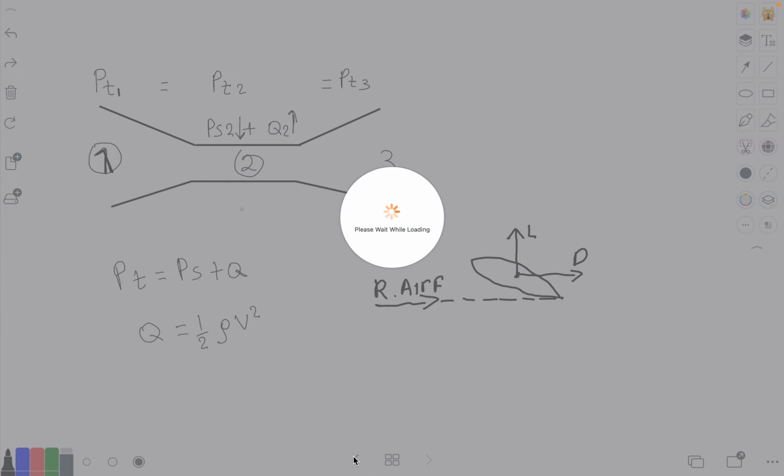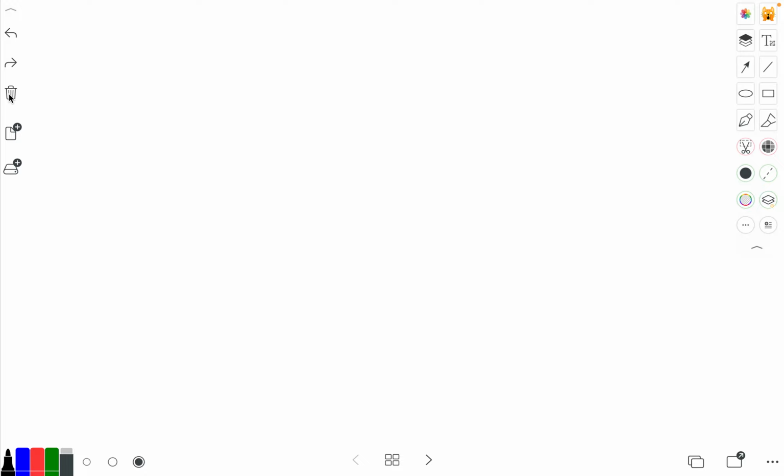Aspect ratio equals b, which is wingspan divided by the average chord, or aspect ratio equals wingspan squared divided by the wing gross area.